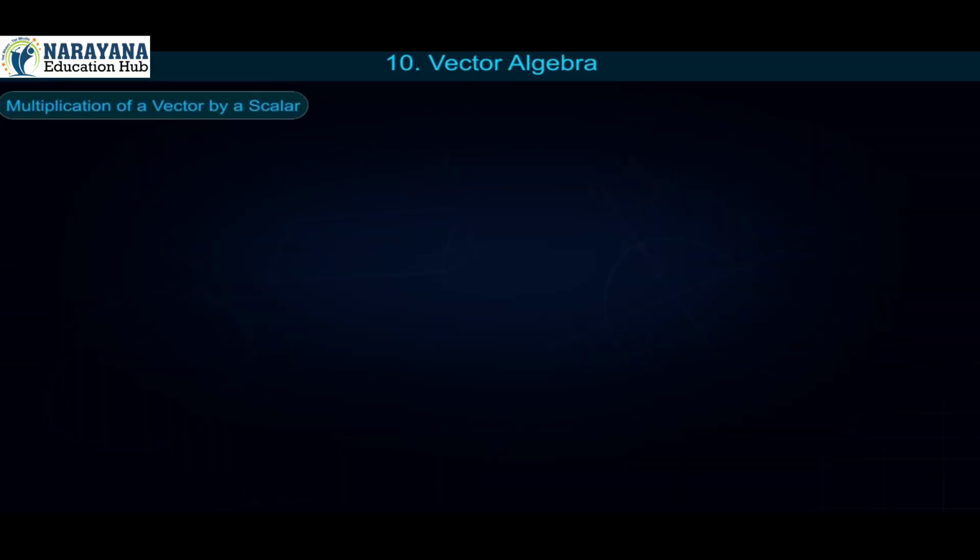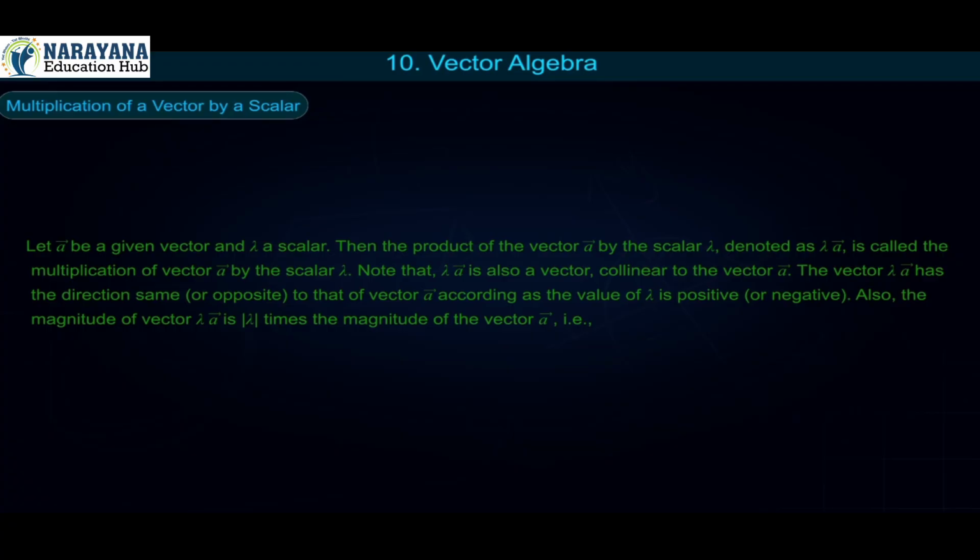Multiplication of a vector by a scalar. Let vector a be a given vector and lambda a scalar. Then the product of vector a by the scalar lambda, denoted as lambda a, is called the multiplication of vector a by the scalar lambda. Note that lambda a is also a vector collinear to vector a.